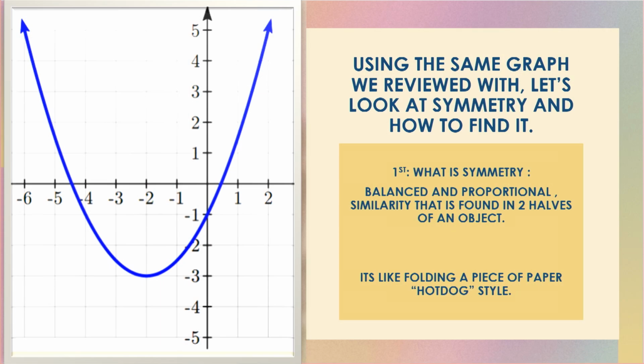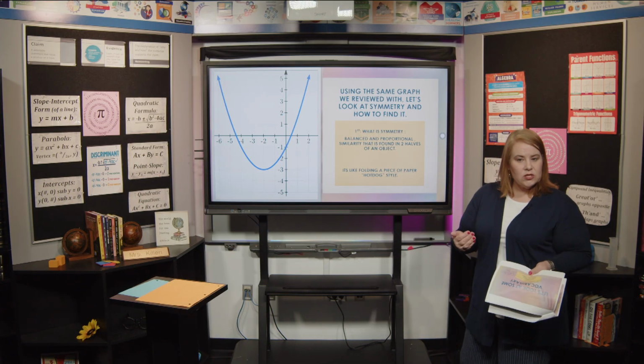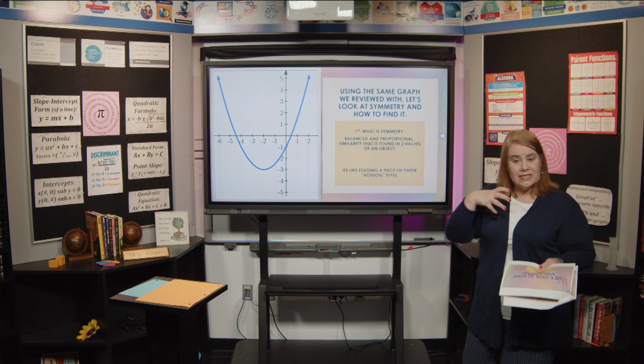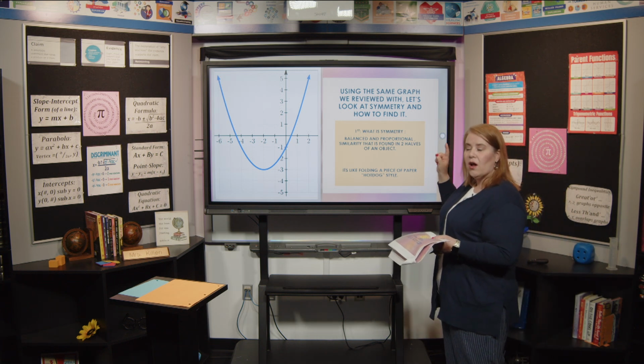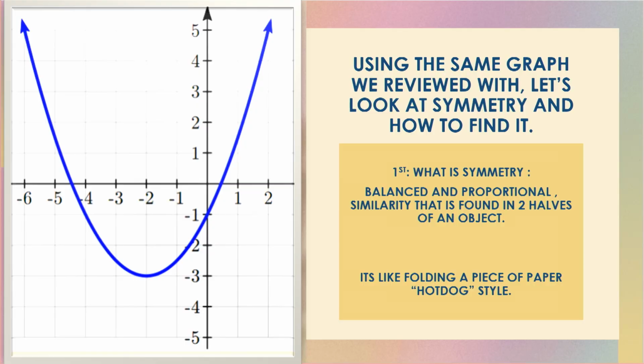It says use the same graph that we reviewed with, and let's look at the symmetry and how to find it. Well, the first thing, let's go back and ask ourselves, what did we say symmetry was? When we talked about our face, one side of my face was the same as the other. So then let's see exactly what our definition means. It's balanced and proportional similarities that are found in two halves of an object.